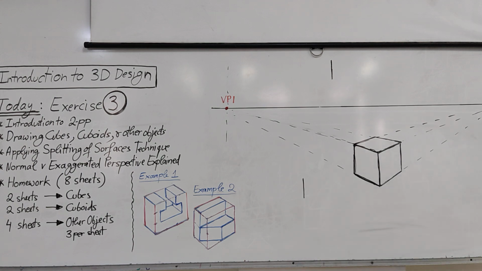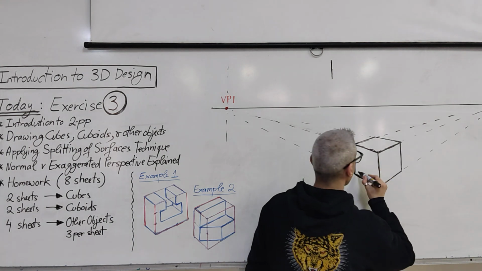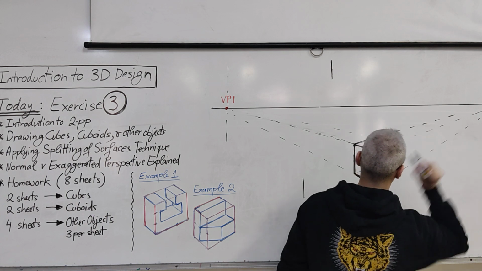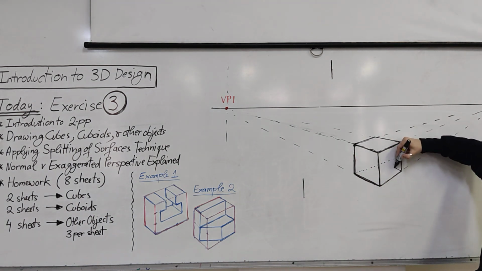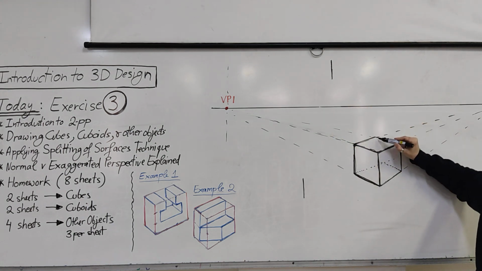So, how to draw the hidden lines? From this point to the vanishing point, to this corner. From this corner to the other vanishing point. Continue this way. Then, from this corner down.